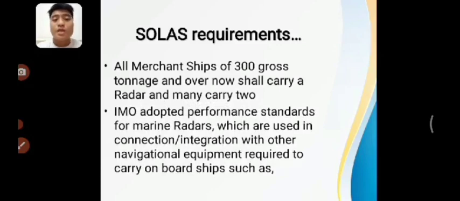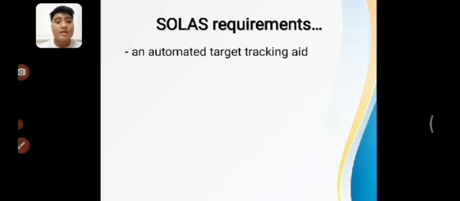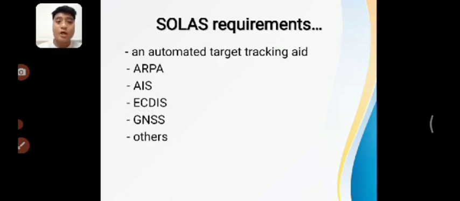IMO adopted performance standards for marine radars, which are used in integration with other navigational equipment required to be carried on board ships, such as an automated target tracking aid, ARPA, AIS, ECDIS, GNSS, and others.